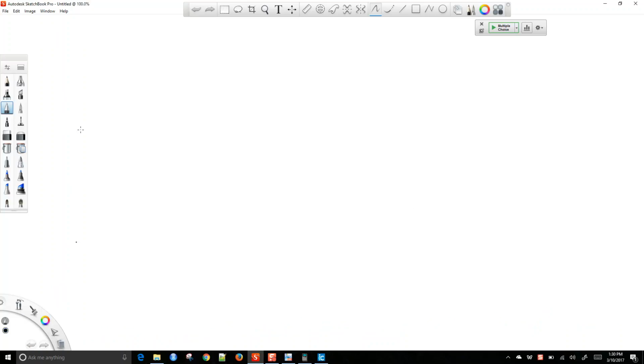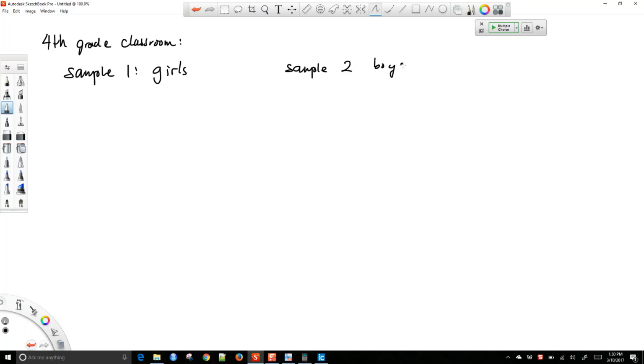Well, so here, let's say we go to a 4th grade classroom, and we measure. So sample 1, this time we'll switch the sexes. Sample 1 will be the girls. Sample 2 will be boys. We're still measuring heights.